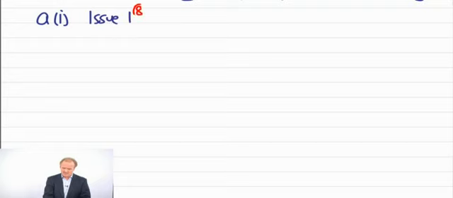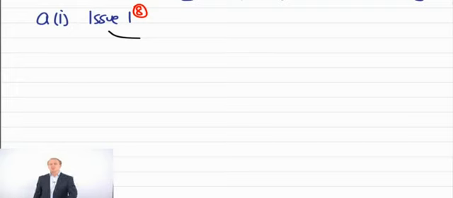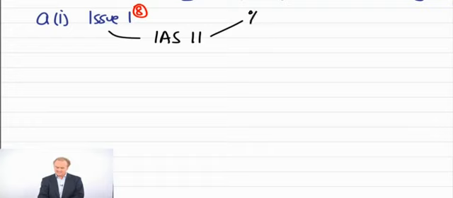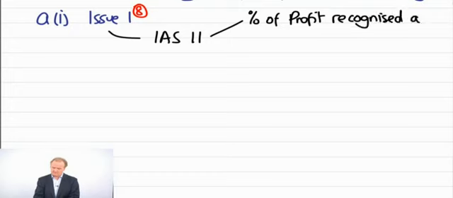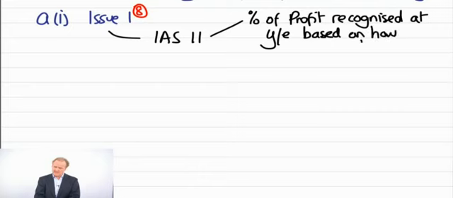Remember, 8 marks we're looking for. So, what have we got? We've got IAS 11 that says that at the year end you can recognise or should recognise the percentage of profit in a contract based on how finished it is.